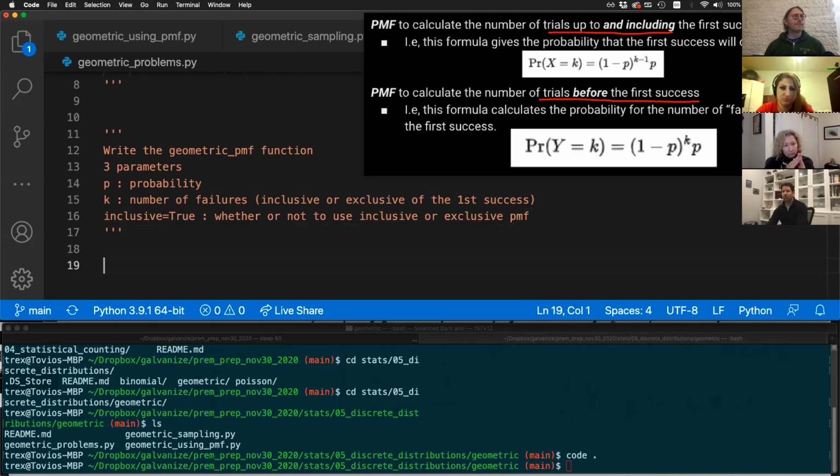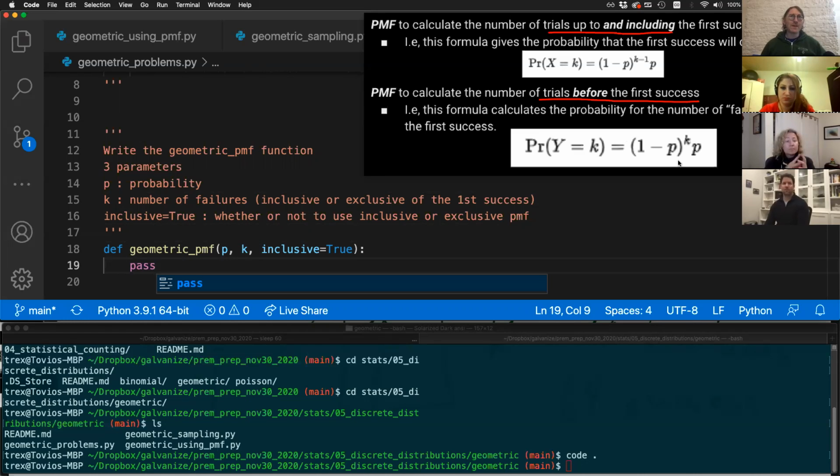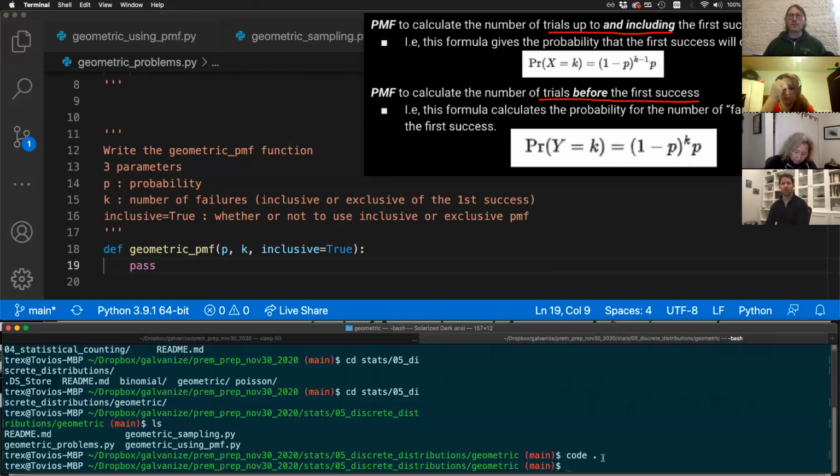I'll give you the function header: geometric PMF, probability, k, and inclusive defaults to true. Let's do 4 minutes on this, do your best, and then we'll code it out and continue on with geometric.